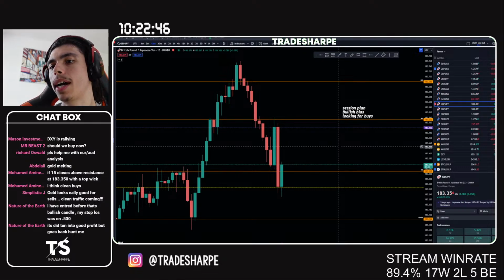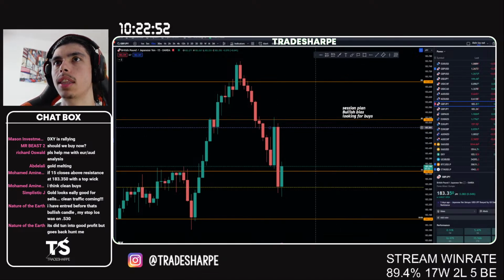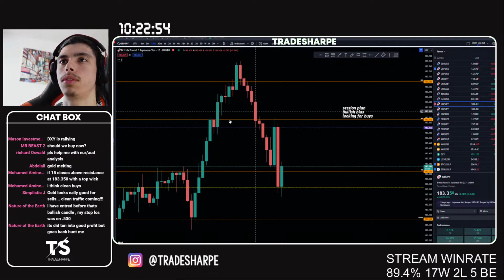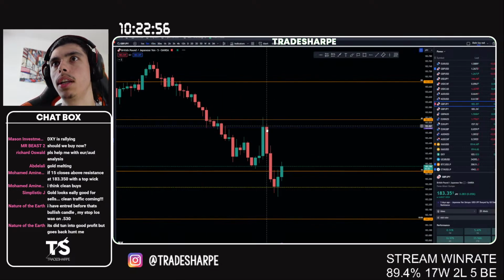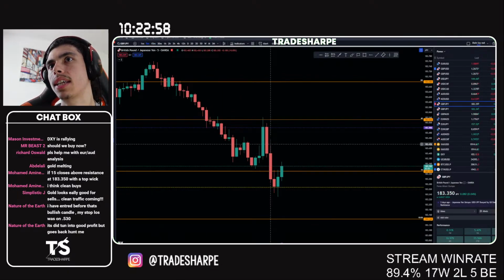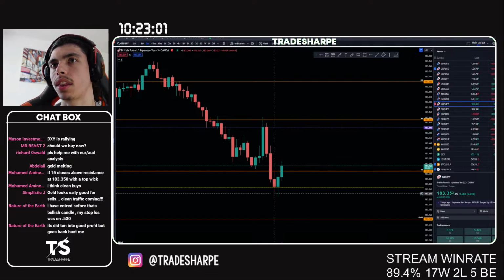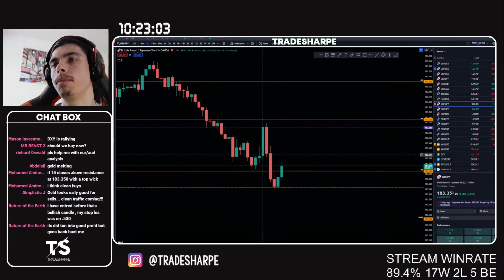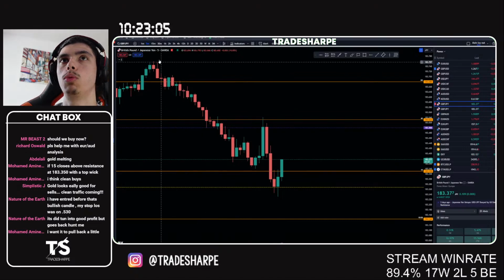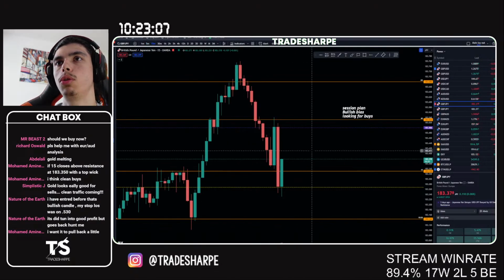If it goes to hunt you back, it means your stop loss was wrong. You were putting too tight of a stop loss, because there's nothing I can see here that would have stopped you out if you took sells. Even the 5-minute is clean. No previous candle wicks breaking, nothing. Very clean moves on the 5-minute, and you wouldn't get stopped out if you used proper stop loss placement.